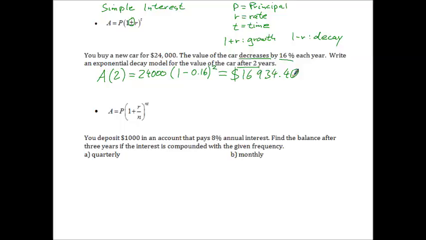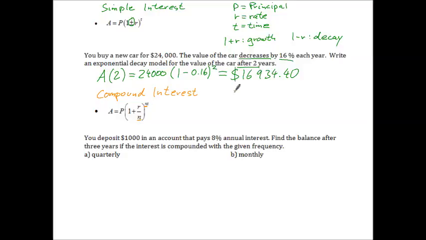Okay, on to our next example, and the next formula is related to the one above. It's a little bit more involved, and this is the compound interest formula. This is when interest gets compounded. In other words, interest that you already earned earns money again. And you have one more variable to pay attention to here.